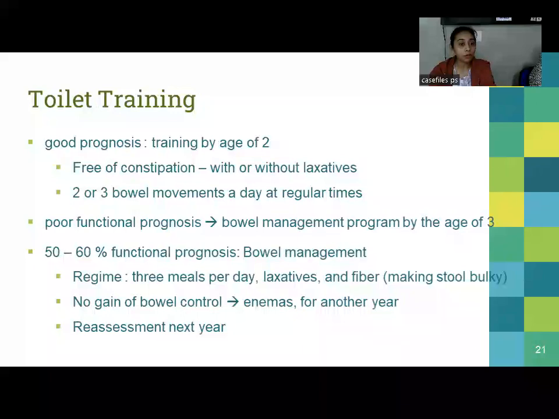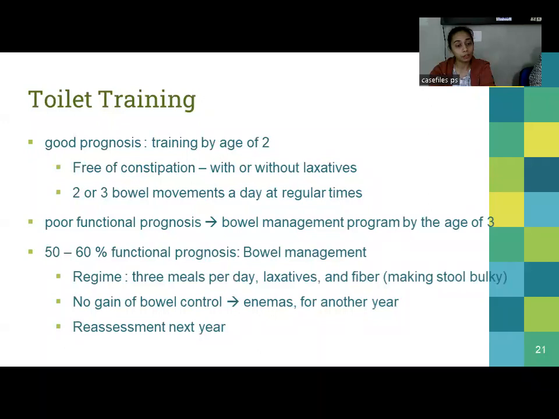For toilet training in ARM patients who have a good prognosis, training can be done by the age of 2. Mostly they are free of constipation, with or without laxatives. They achieve proper bowel control with 2 or 3 bowel movements a day at regular intervals. In patients who have a poor functional ARM, a bowel management program is to be initiated by the age of 3.